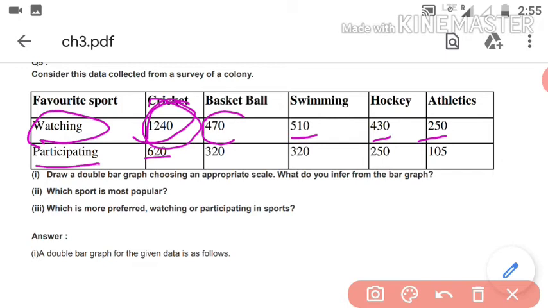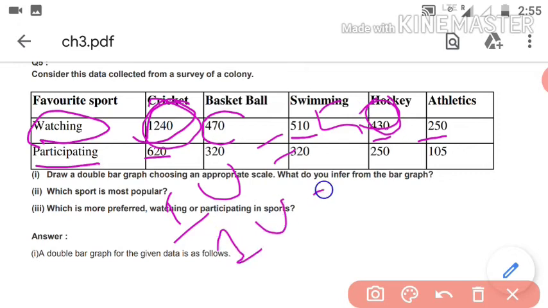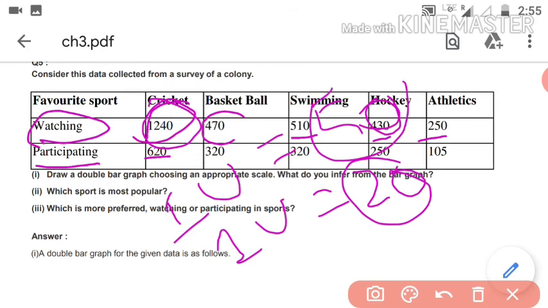If you choose 10, your graph will be very big. Or else you can use 1 unit is equal to 20 also, okay? But don't take only 10. If you take only 10, your graph paper might not be sufficient. So you have to take 1 unit is equal to 20, or 50.